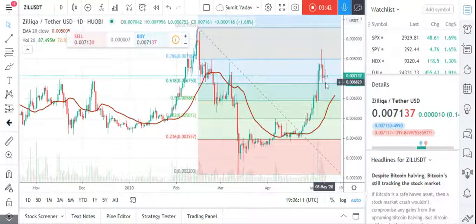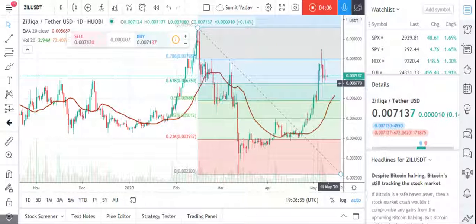So this is holding as a support right now. Here we make assumptions based on this Fibonacci retracement that 0.618 is holding as a strong support, then it is very likely that it will not go down from here.